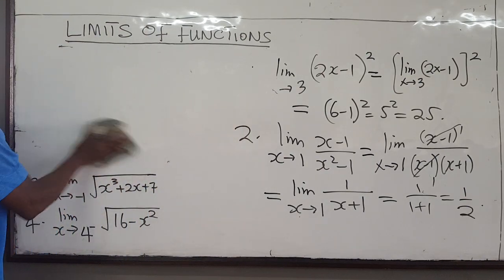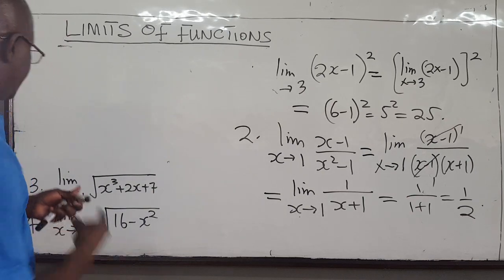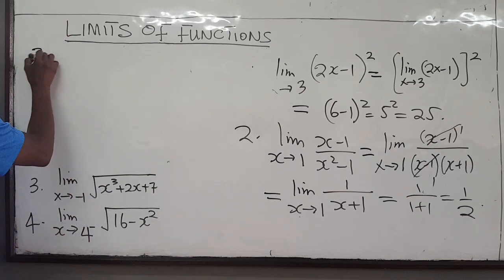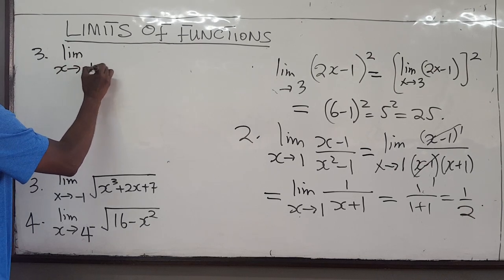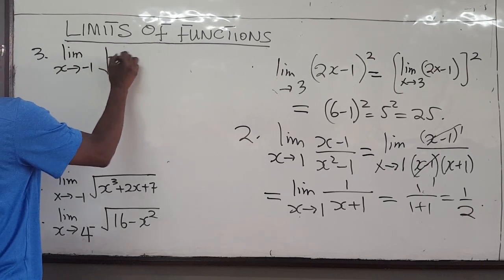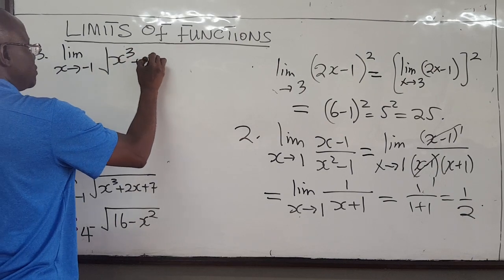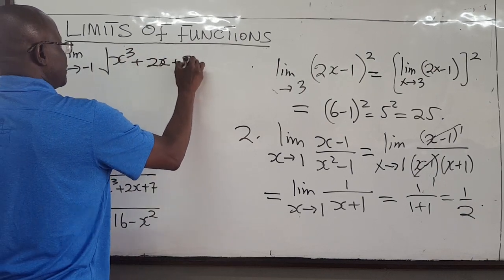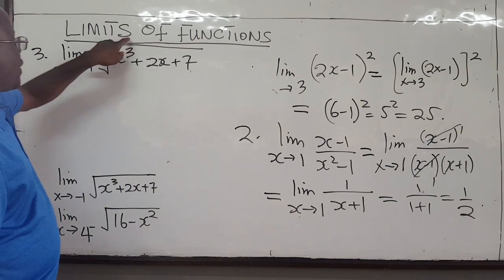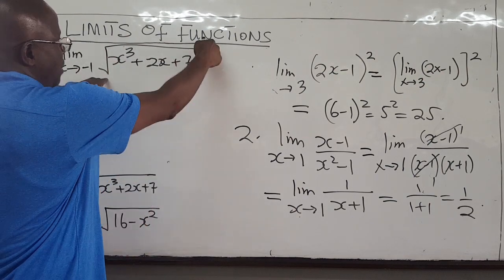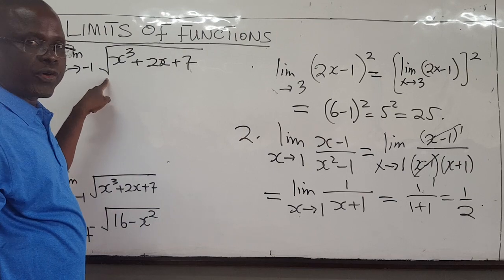Number 3. You want to find the limit as x approaches -1 of the square root of x cubed plus 2x plus 7. The square root of this is the same as this to the power 1/2, so you can apply the power rule.